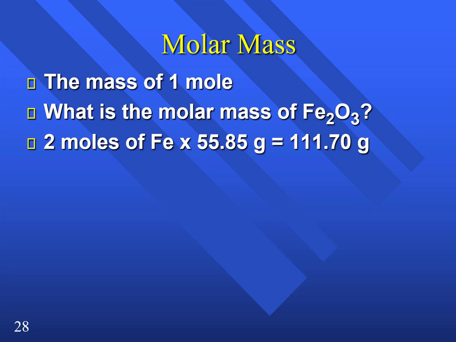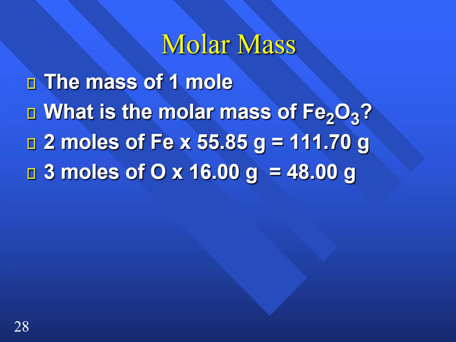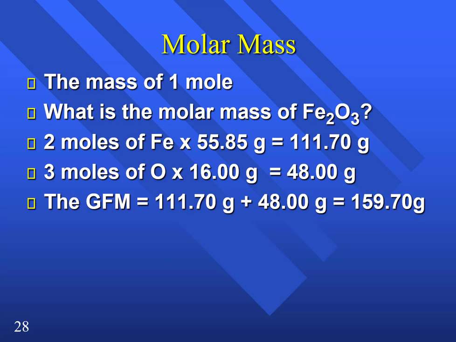How much O? 3. And I look up that O again. It's still 16.00, like it was last time. 3 times 16 is 48, so 48.00 grams. We always want 2 decimal places. Okay, so every number, just keep those 2 decimal places on these weights. So what the table gives me, that's what I'm going to keep. And 111.70 plus 48 is 159.70 grams. So that's how much 1 mole of Fe2O3 would weigh.